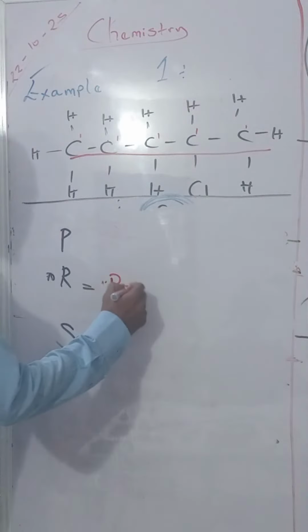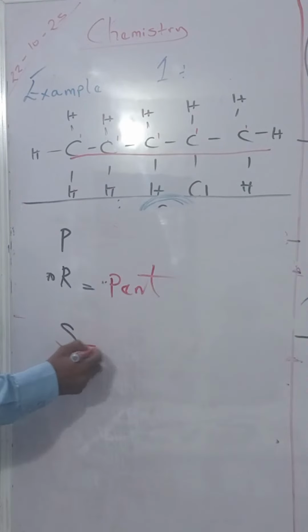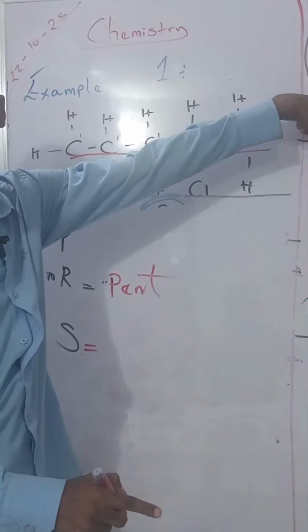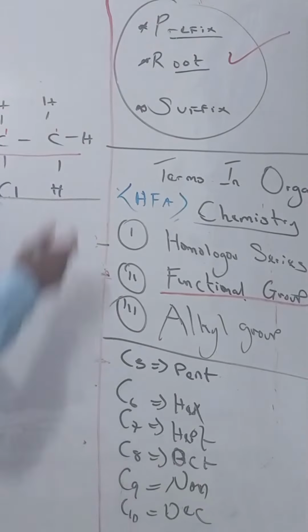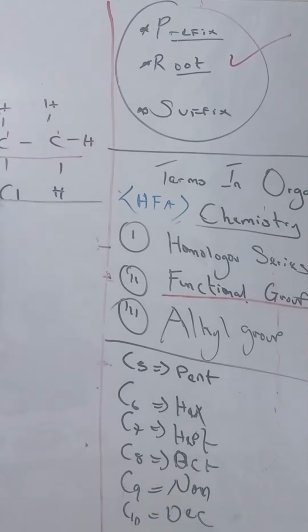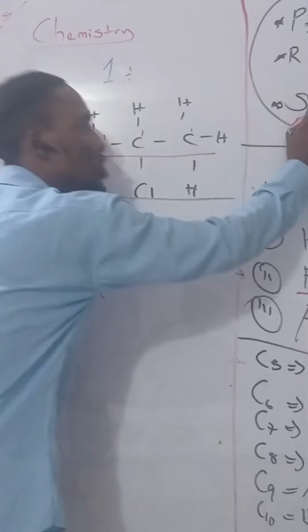So pent, that is P-E-N-T. Now, the next is S. What is suffix? Suffix is the functional group. Any functional group you can find is the suffix, which is the family name.